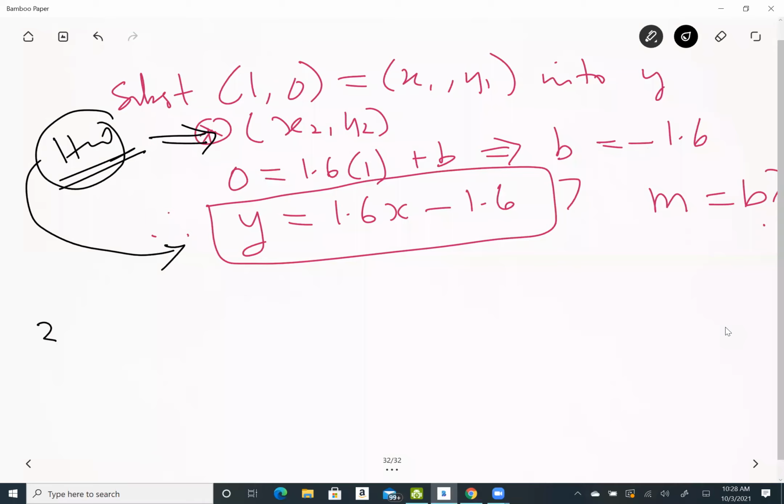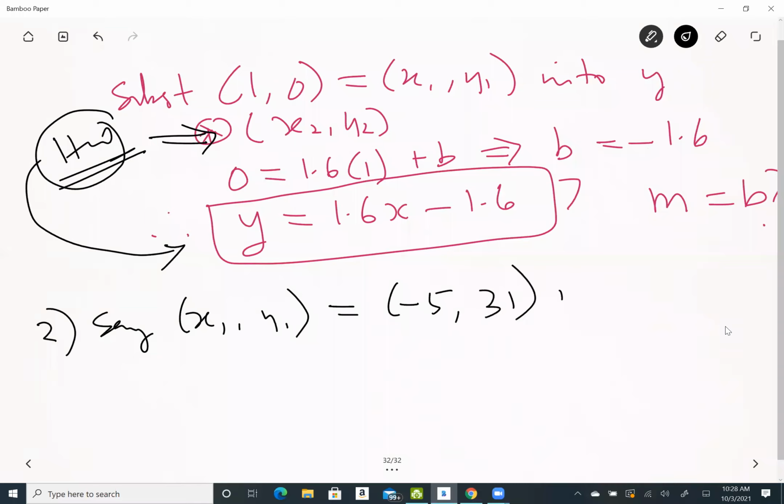Now, number 2, you are given a point, we call it x1, y1, equal to (-5, 31), and then we are given the y-intercept, let's say b equal to 12.